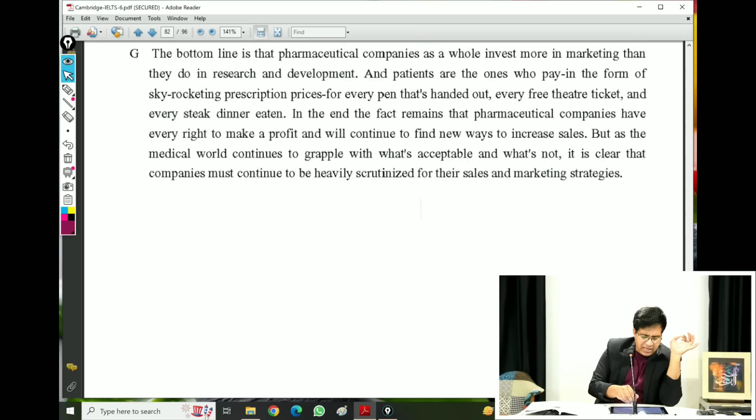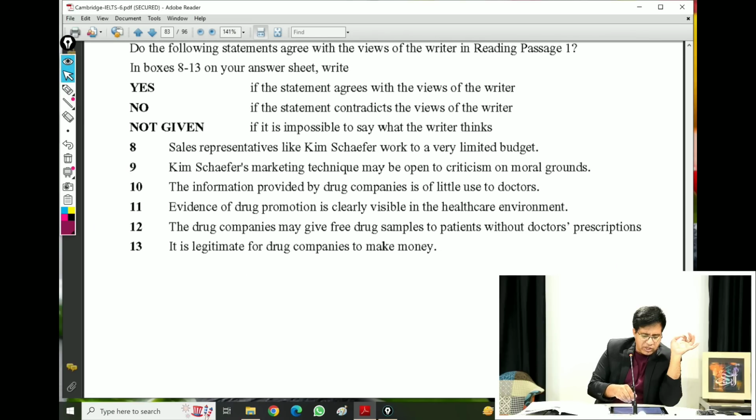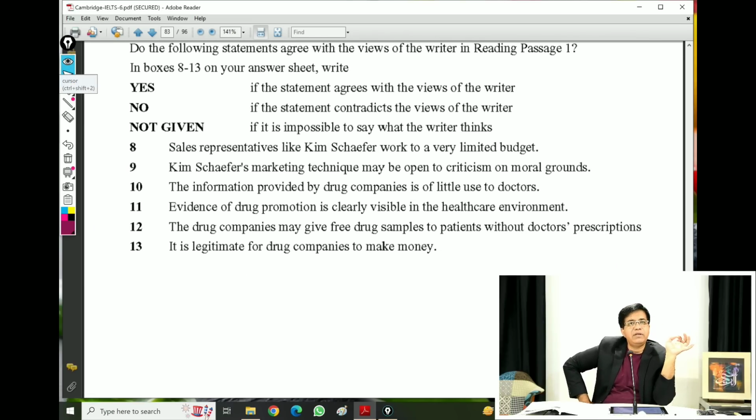After this, if you move on, the next question type that we have here is yes, no, not given. Yes, no, not given is type A. Type A means questions and answers are in order. And type B means questions and answers are not in order. So list of headings, type A or B?